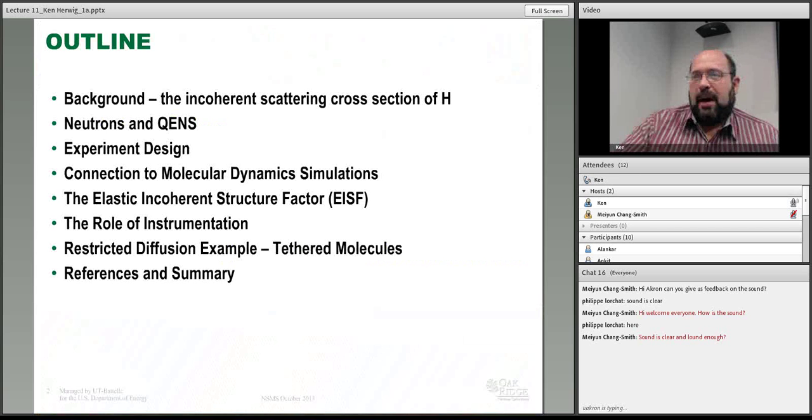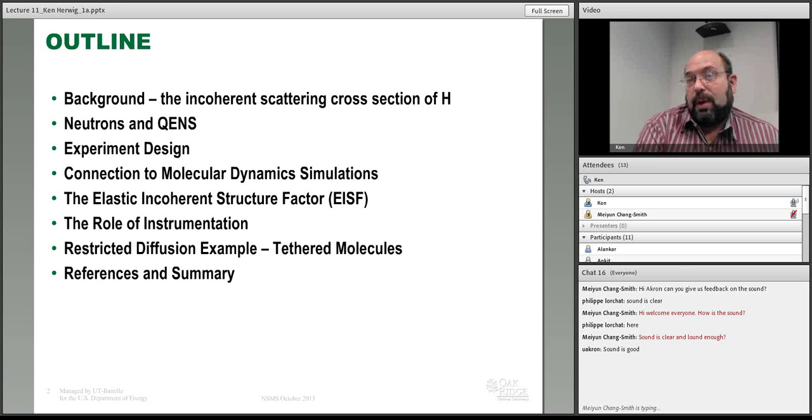We'll start with the outline. I'm going to give a little bit of background on the difference between coherent and incoherent neutron scattering and their origins. In particular, the last several lectures on neutron scattering have focused primarily on coherent scattering techniques. In coherent scattering techniques, you're looking at correlations that arise between particles.